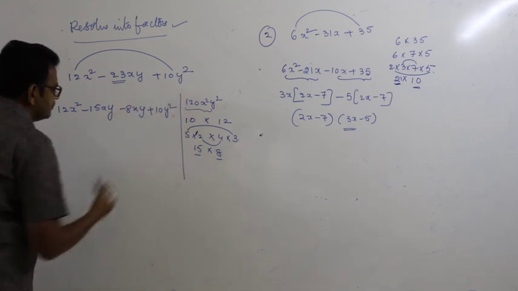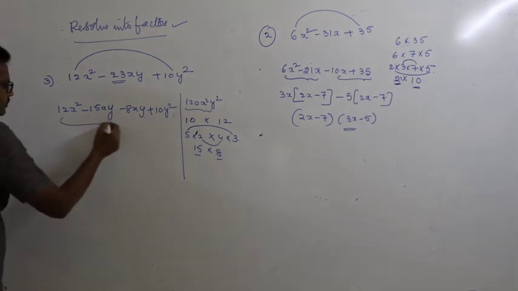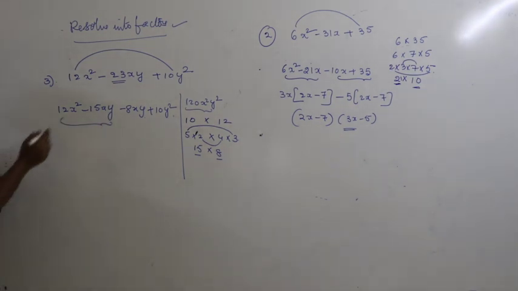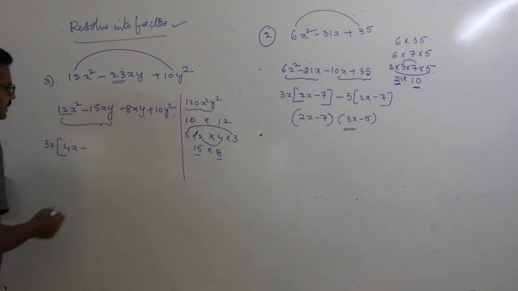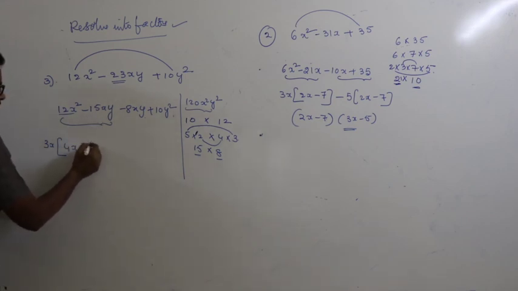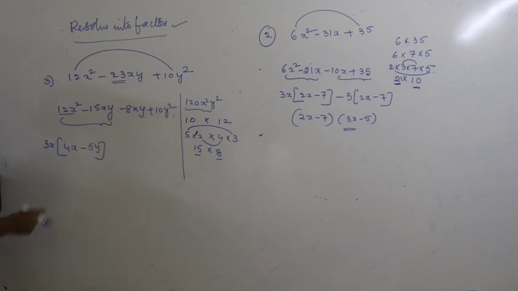From these two, 3x is taken common. So this is 4x minus 5y. x is already taken common, so the remaining is 5y.